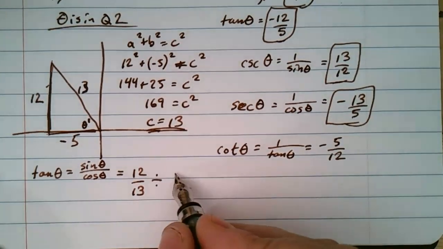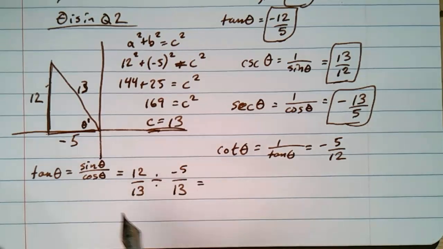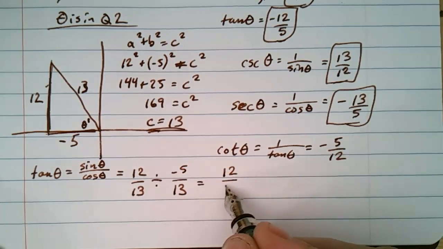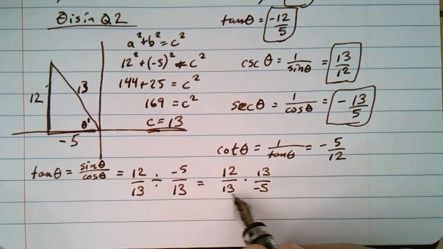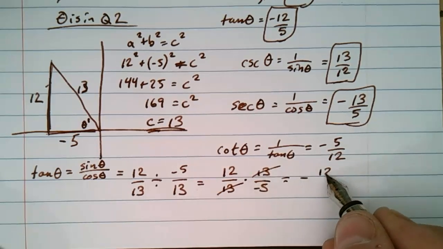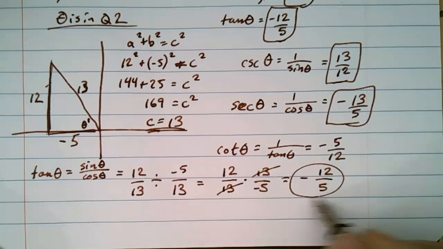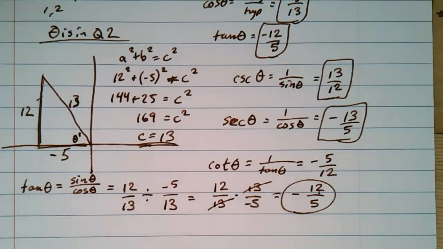So divided by negative 5 over 13. How do we divide with fractions? We keep change flips. So 12 over 13 times 13 over negative 5. The 13s cancel, and what do you get? You get negative 12 over 5. Okay? Kind of just a fun way to check your work.